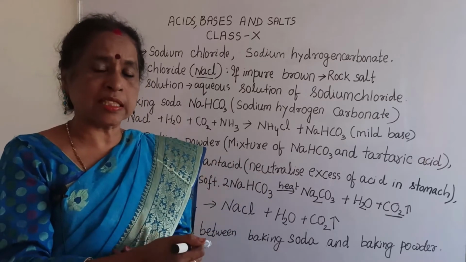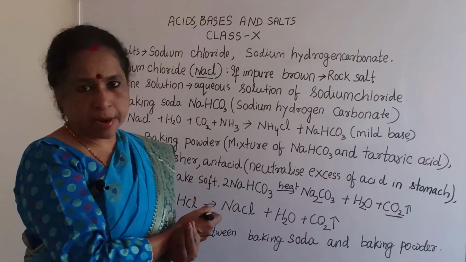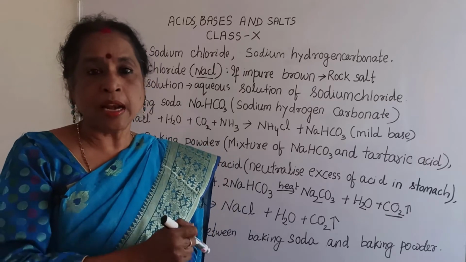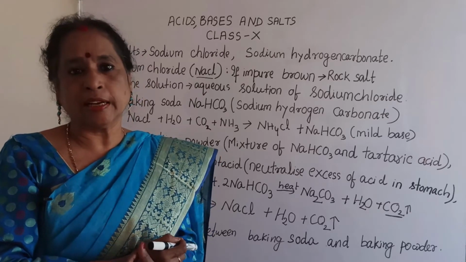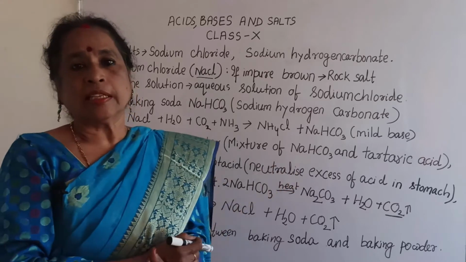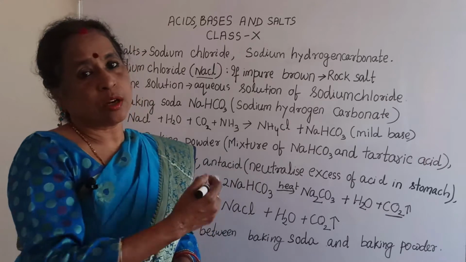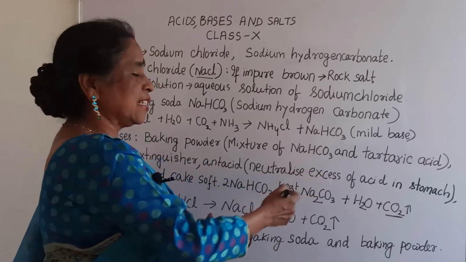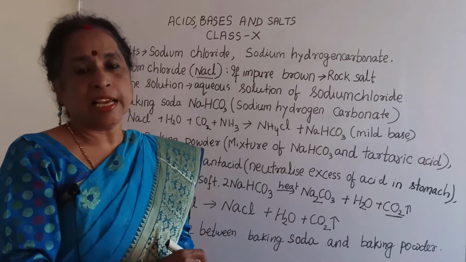But nowadays in medicine, I think you know the medicine Digene, and milk of magnesia. Milk of magnesia, the color is light pink, available in the medicine shop, and Digene is also available in the shop. So these are also types of antacids which can decrease the acidity, or which can neutralize the acidity in the stomach.